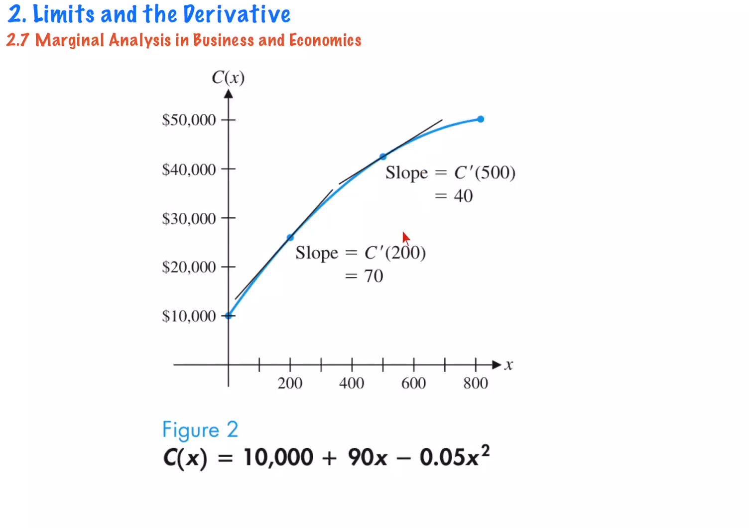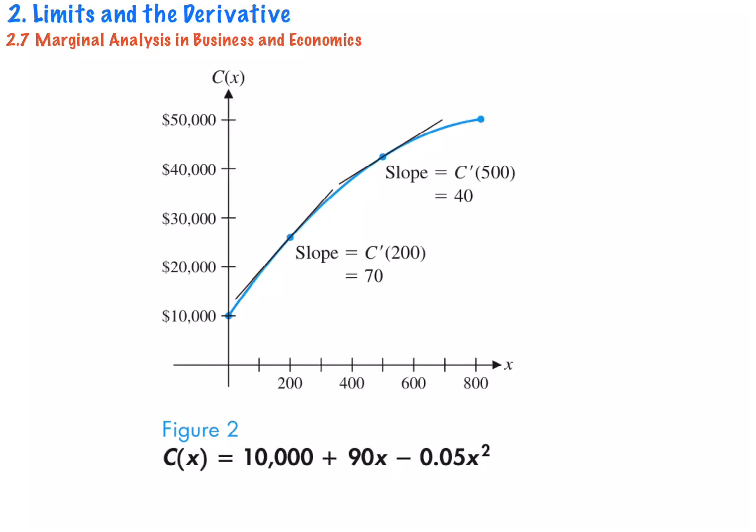Why does that happen? Imagine you have a cake shop or a donut shop, like Bobby Donut probably. If you produce one donut instead of 200 donuts, the cost of producing one donut is much more expensive than producing the 200th donut. I'm not talking about the total cost.